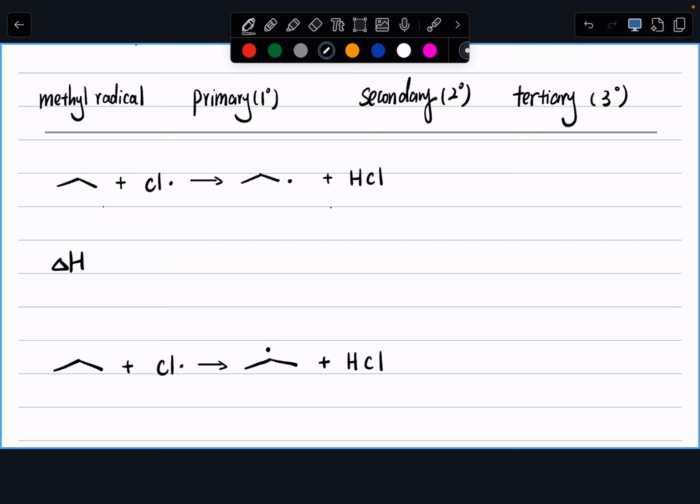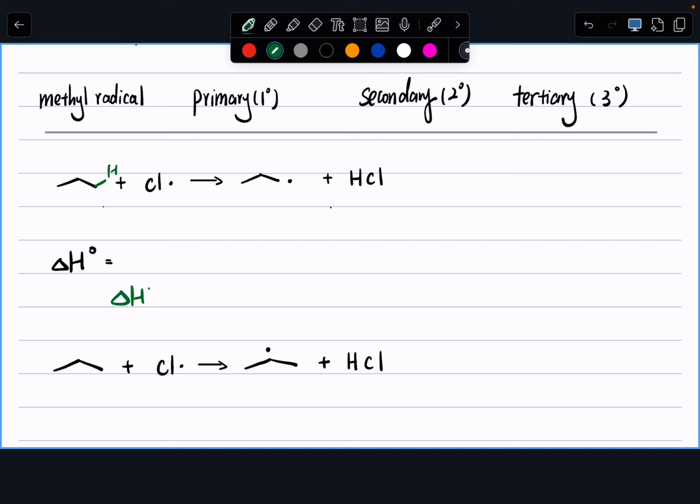The delta H naught of your reaction equals the energy required to break the bonds in your reactant, minus the energy released by formation of the bonds in your product. In this case, the bond we're breaking in my reactant is a primary CH bond.